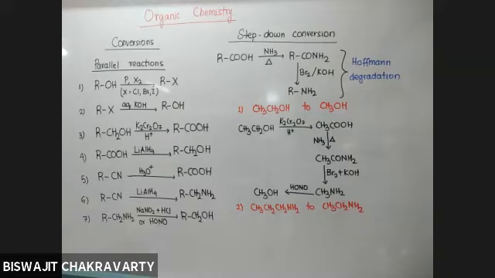So with 2 carbons, the name is ethyl, and the functional group left is NH2. What will be the name? Ethylamine. So this is what we actually wanted to get.